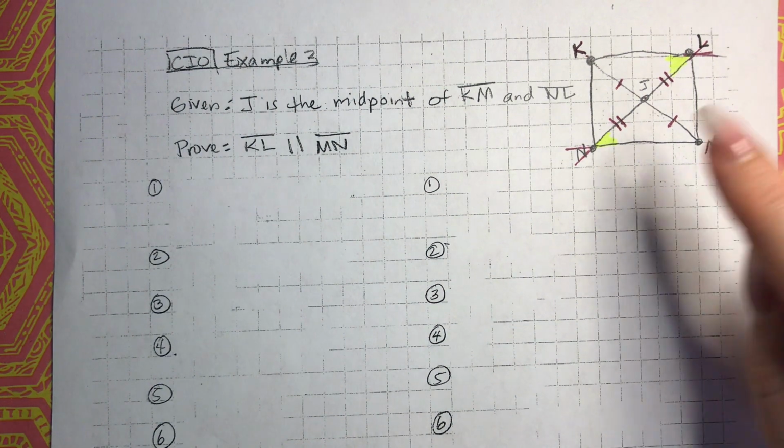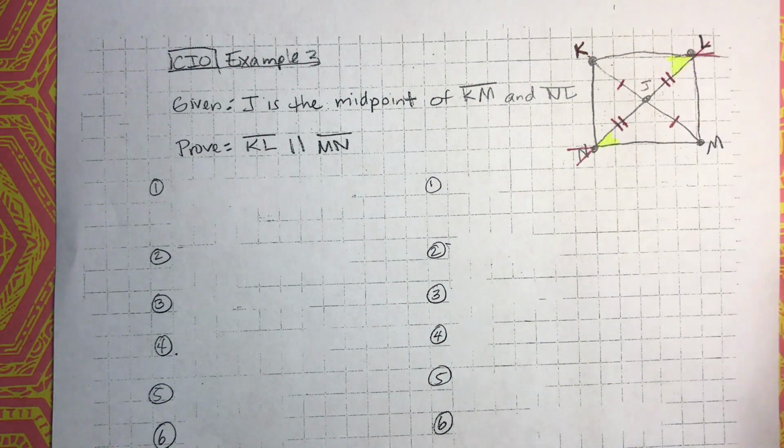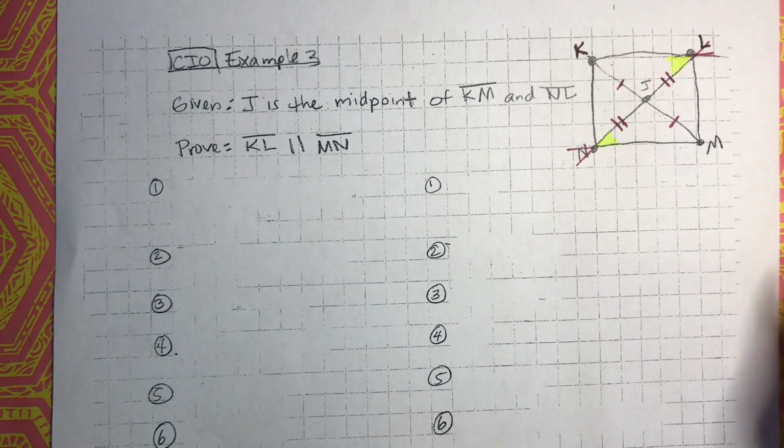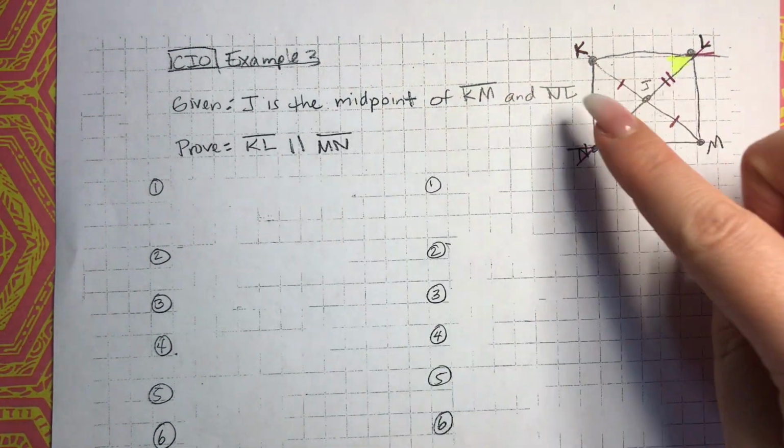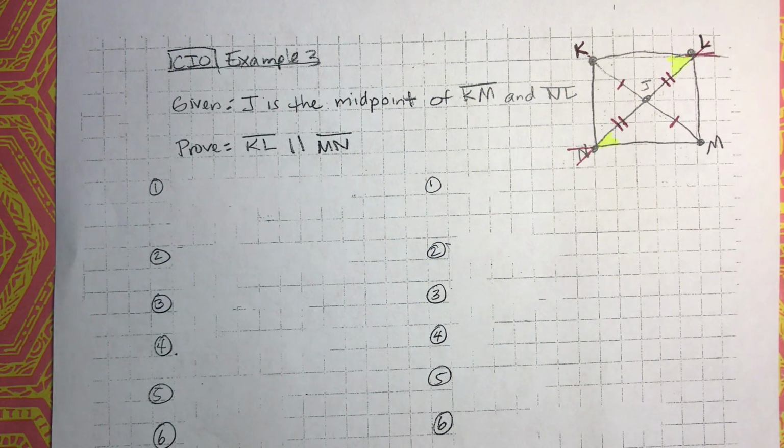Okay, so the thing is, how can we prove that those two are congruent with just the information we have here? What do you guys think? Do you see anything? So that's it for given information. We have this side congruent to that side, and this side congruent to this side.